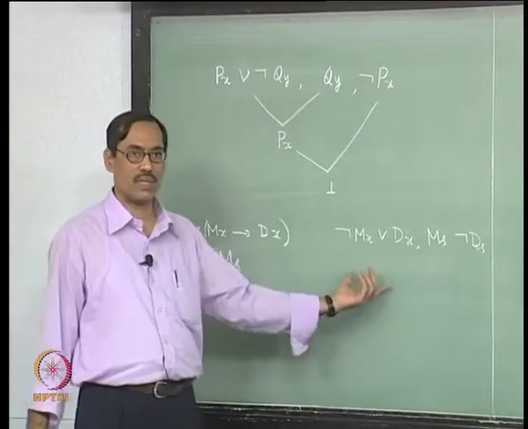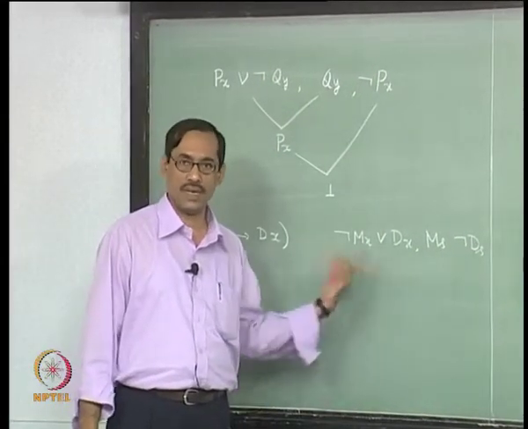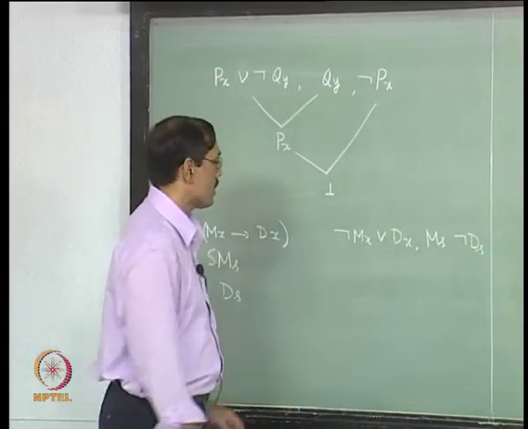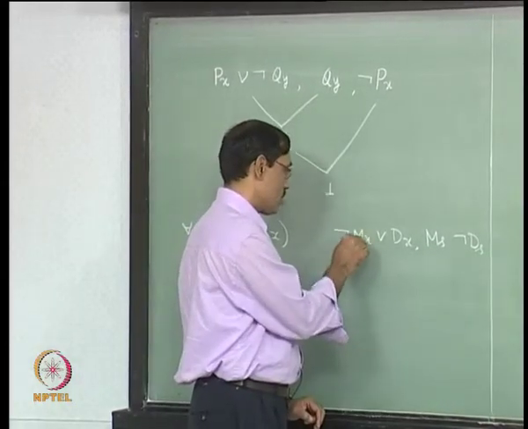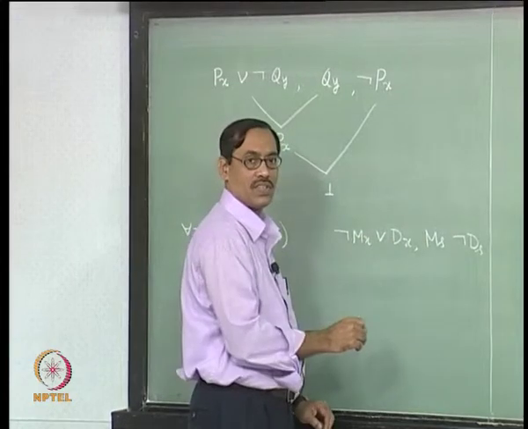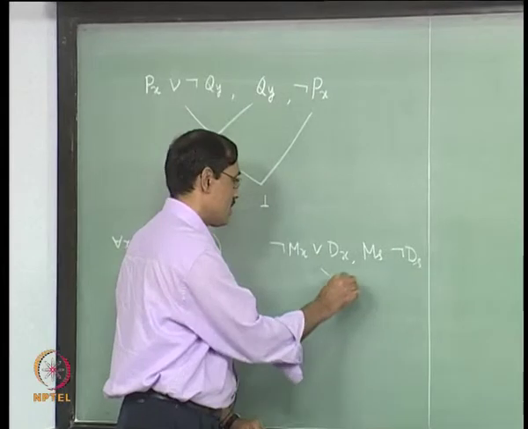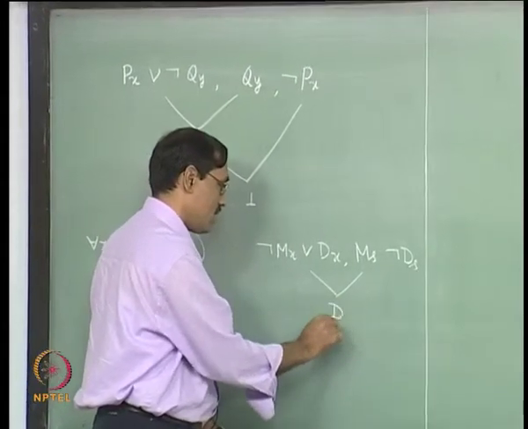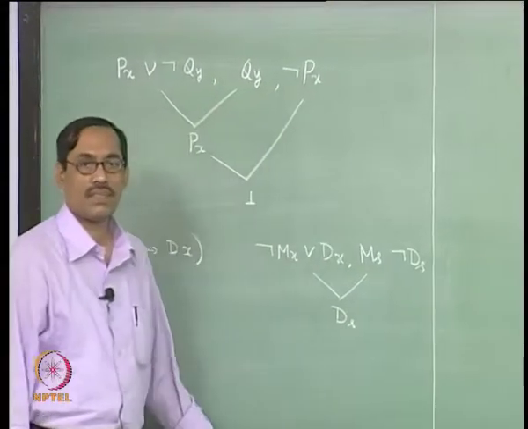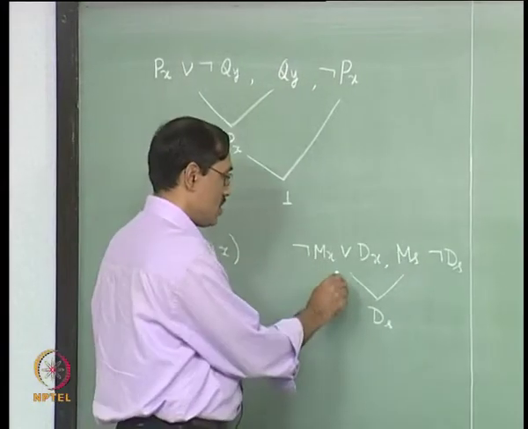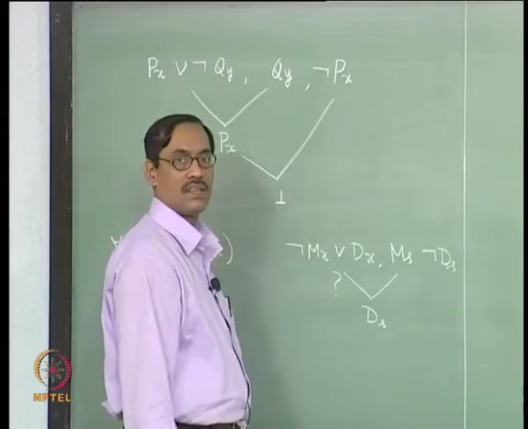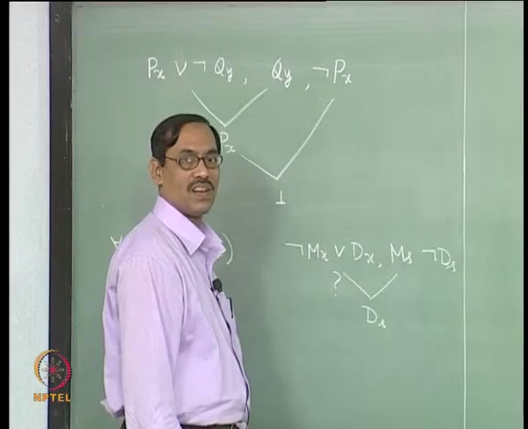Now, there should be a refutation of this, that is what we feel. Okay. So, first thing is how to conclude from not mx or dx and ms, they should resolve, fine, they should resolve and we should get something like ds here. Okay. So, this step we are not convinced, but something has to be done.